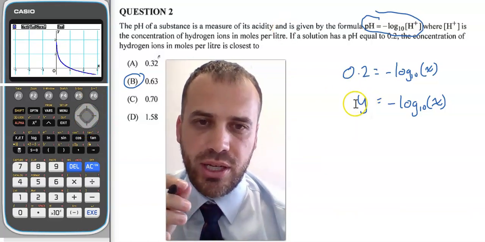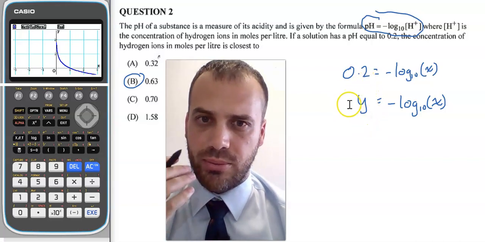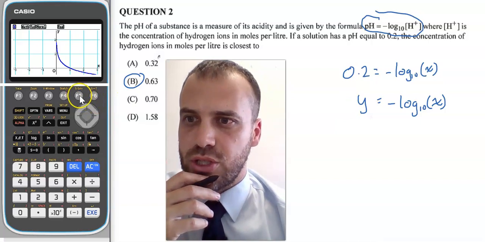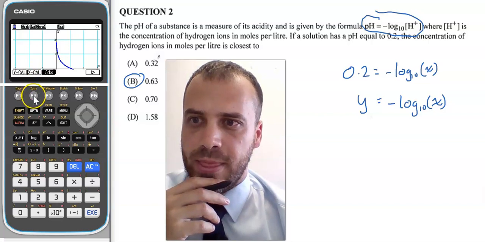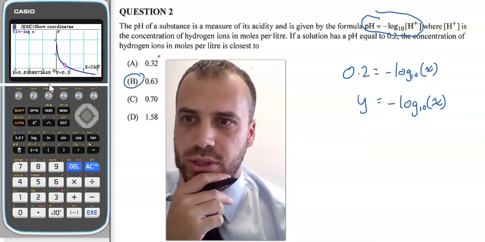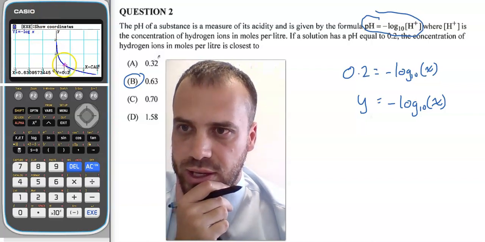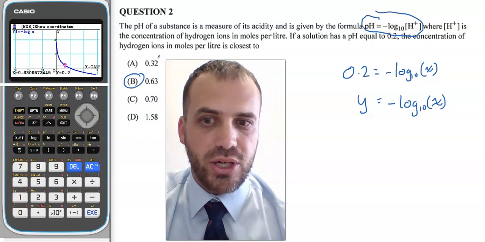And we can find out what x is when y is equal to 0.2 by using gsolve and doing what's called an xcalc. Now an xcalc, you sub in your y value of 0.2 and it gives you your x value, which is 0.63. So 2 ways to solve it.